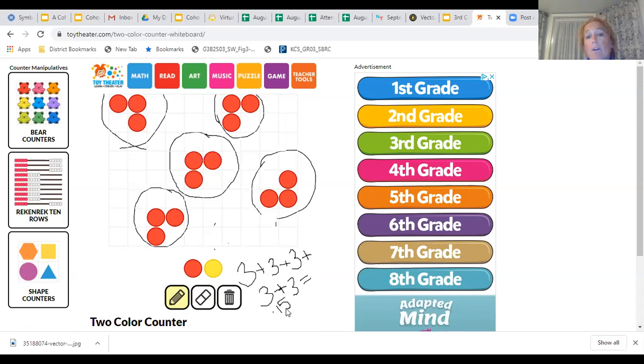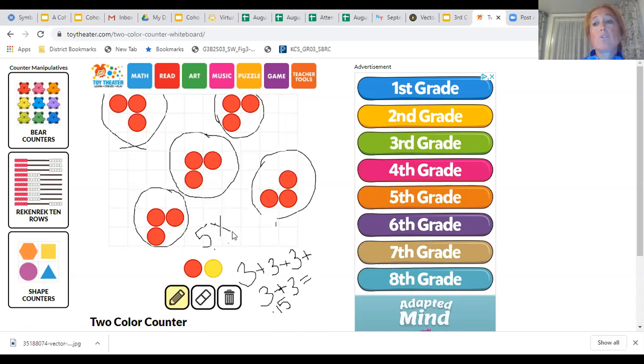Now we need to think about if we have a repeated addition sentence of 3 plus 3 plus 3 plus 3 plus 3, what would that give us in a multiplication sentence or equation? So remember, we start our multiplication equation with the number of groups. It's always groups times number in each group. So we have 1, 2, 3, 4, 5 groups. So it would be 5 groups of, or multiplication.